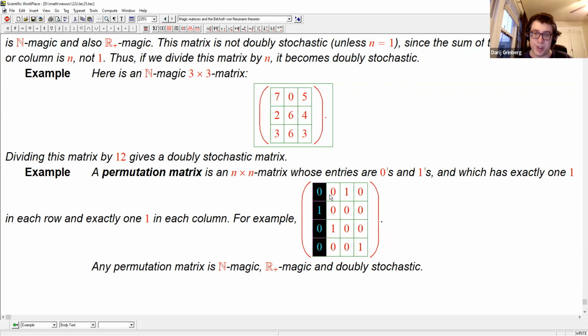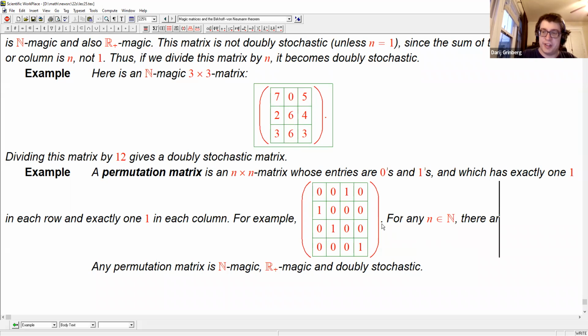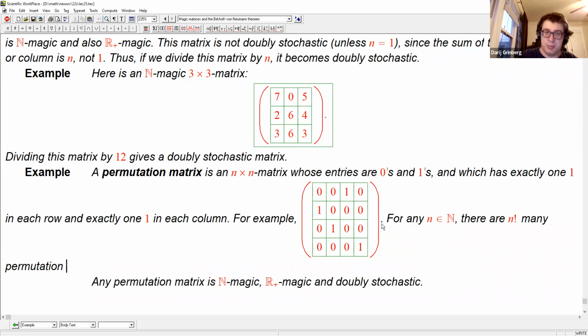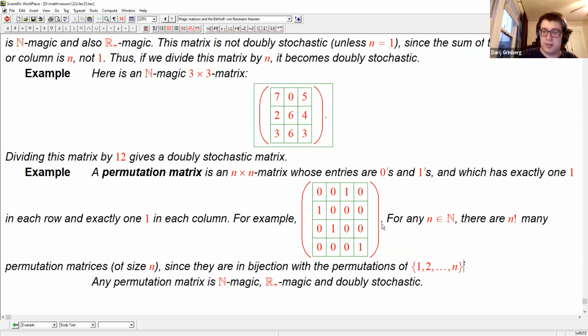If the 1 in the i-th column is in position sigma(i), then sigma is a permutation of the numbers 1 up to n. Note that for any n, there are n factorial permutation matrices of size n, and they are in bijection with the permutations of 1 up to n.